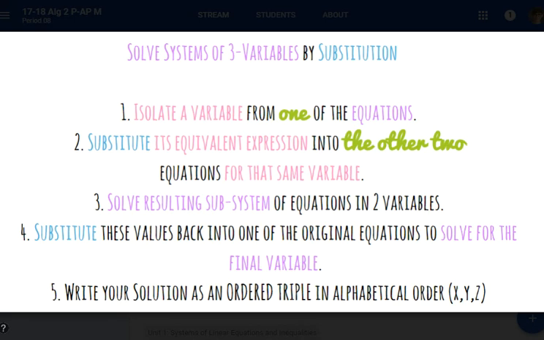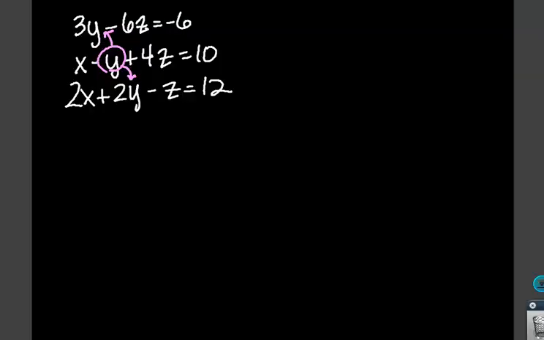However, we can actually do it a little bit differently. Instead of isolating y and plugging it into both of those, what we can do is isolate x. If we isolate x, we're going to have x minus y plus 4z equals 10.